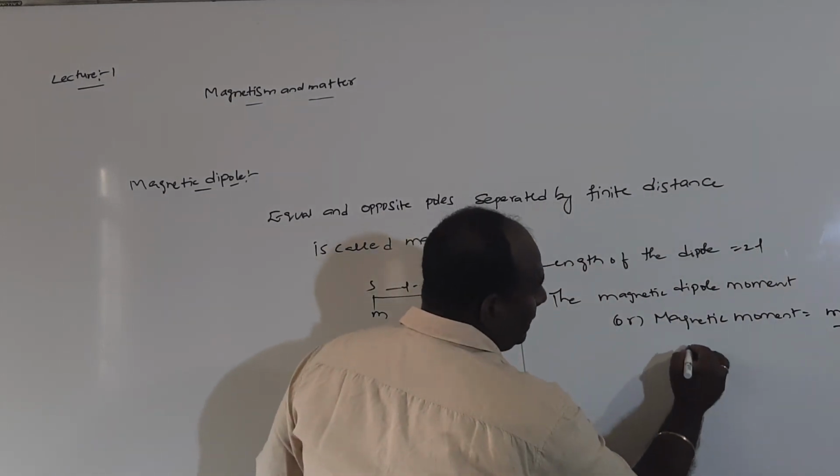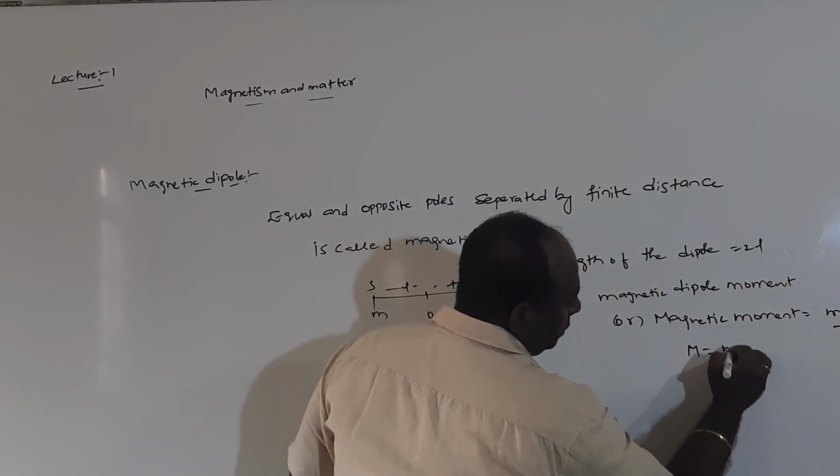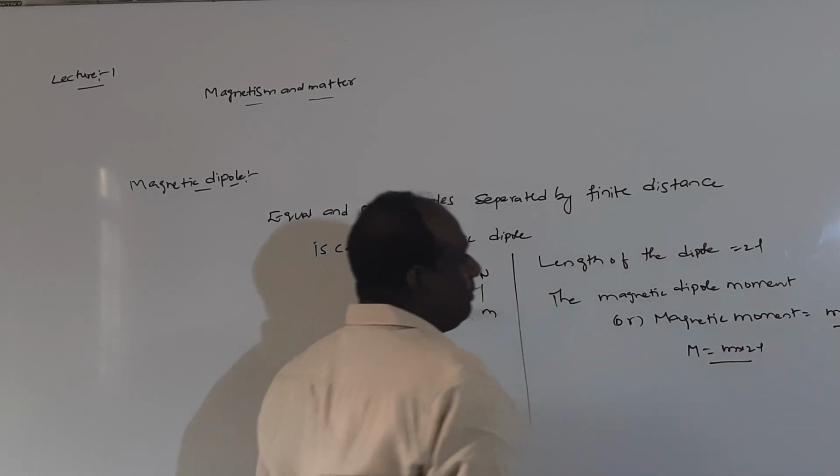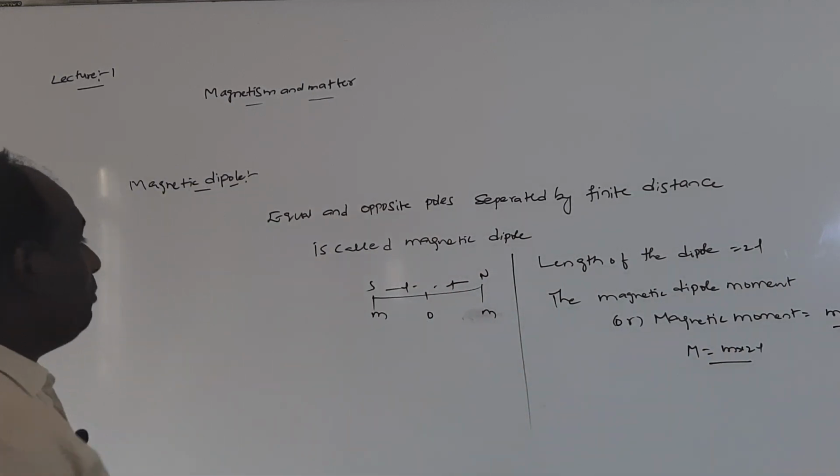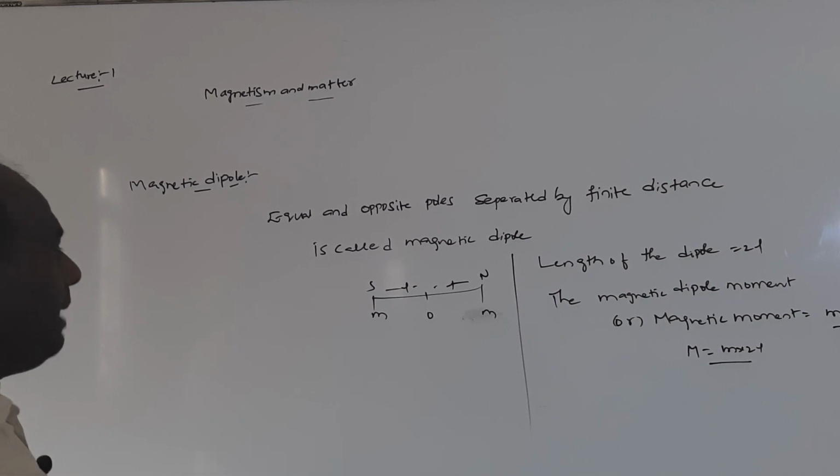The magnetic dipole moment is represented by capital letter M equal to small m into 2L. This is about the bar magnet as a magnetic dipole.